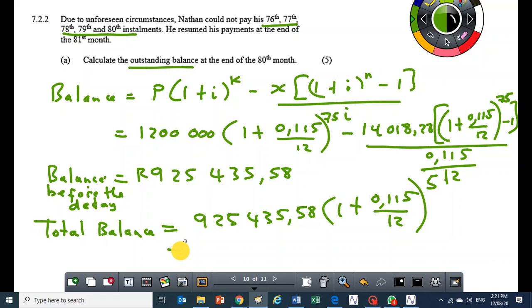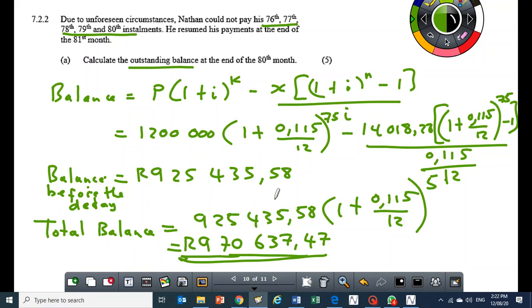So what answer do you get there as the total balance? 970,637.47. So this is the amount that will be outstanding due to that stoppage in payments.